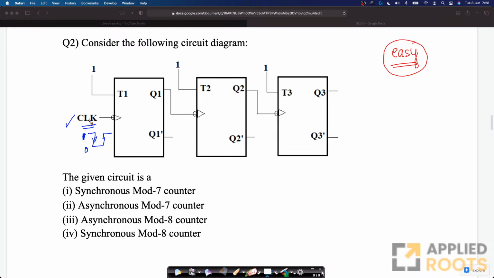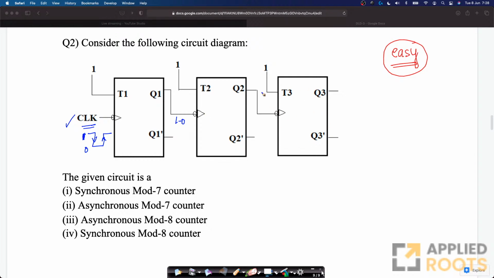Okay, so what happens is when this clock symbol is applied here, when this flip-flop changes its state, this flip-flop need not, because this flip-flop's clock depends on this flip-flop's output. Only when Q1 goes from 1 to 0, from state 1 to state 0, because all these are negative edge triggered, right? Only when this flip-flop is going from state 1 to state 0 will this get triggered.